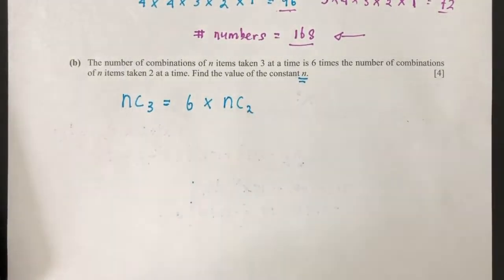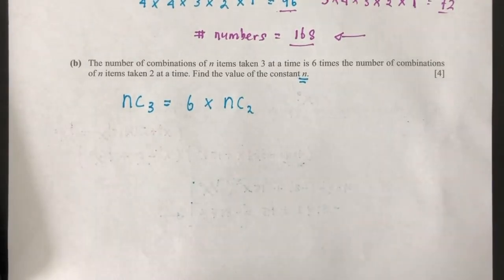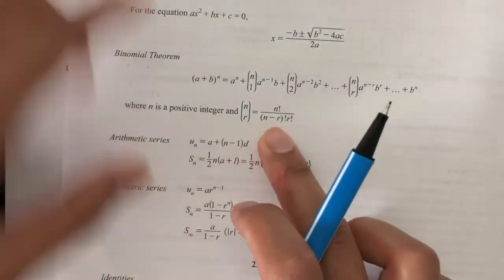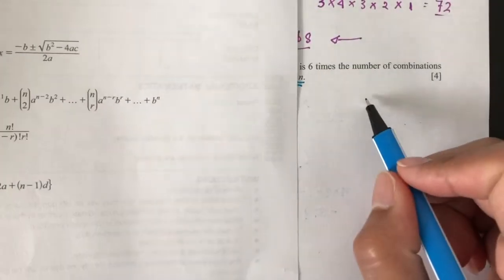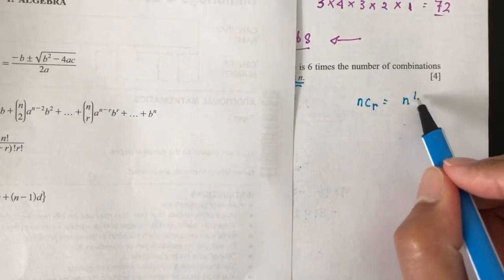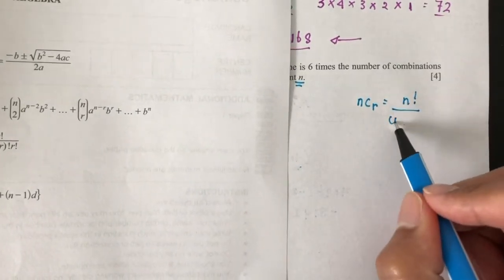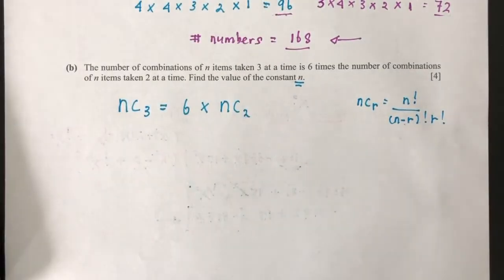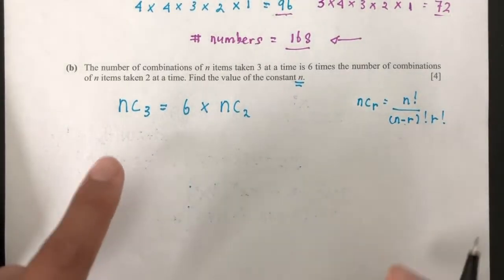Let's see, we do have a formula sheet. As you can see, this is your formula for n choose r, which is n factorial over n minus r factorial r factorial. Now we have to use that to find this value.